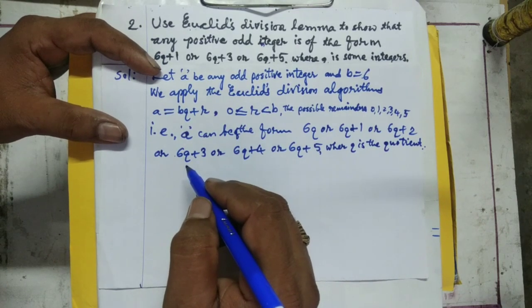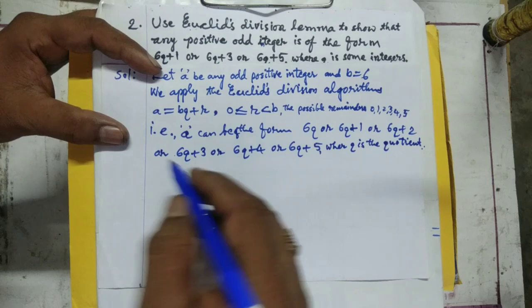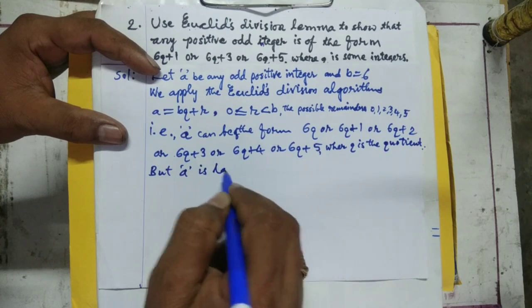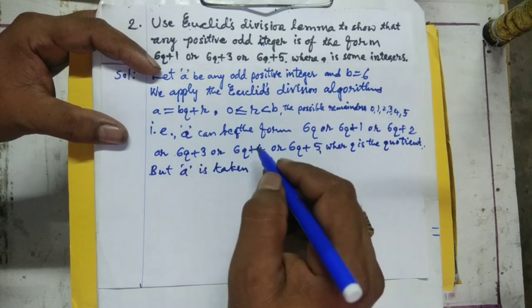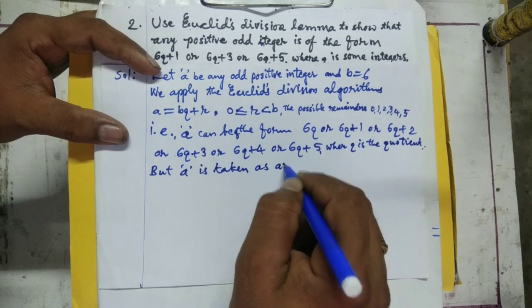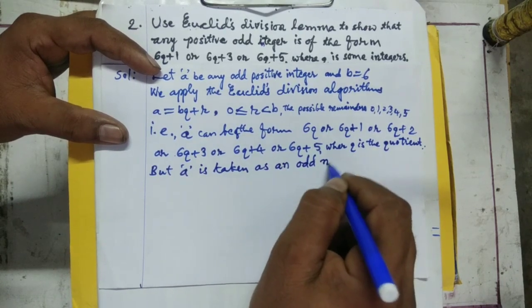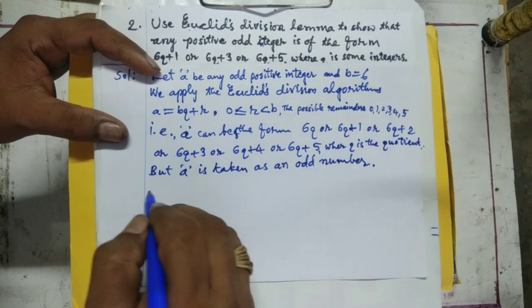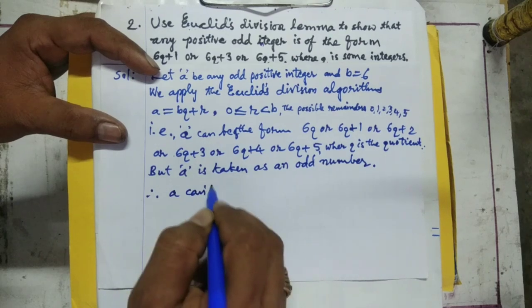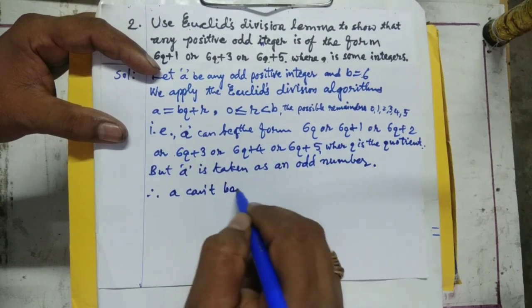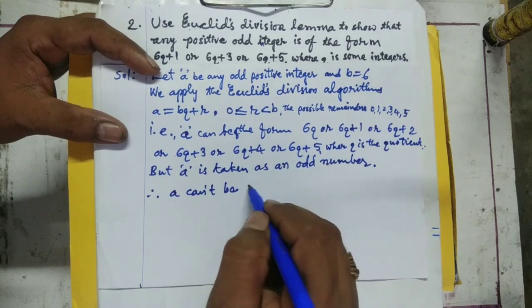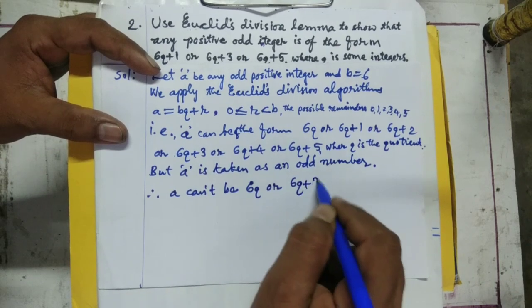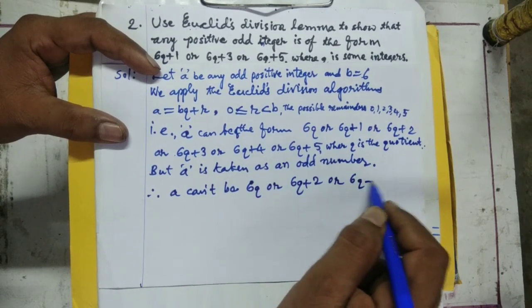But a is taken as an odd number. Therefore, a can't be of the form 6q or 6q plus 2 or 6q plus 4.